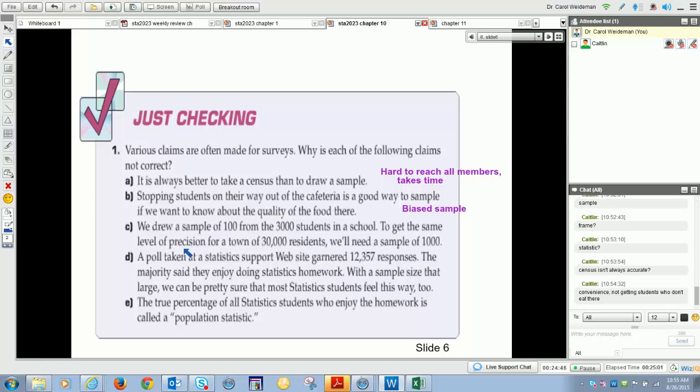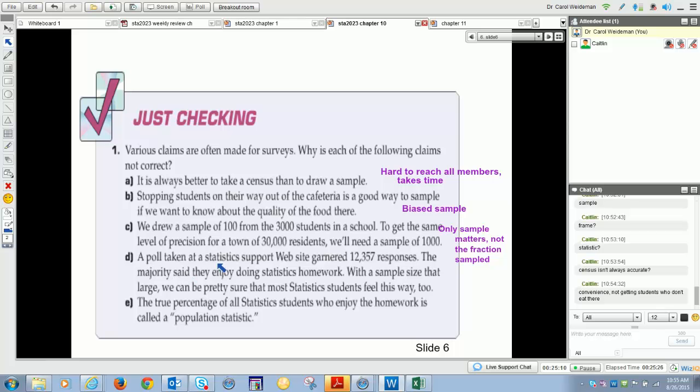And again, in the second half of the course, we'll talk about precision and accuracy when we do inferential statistics. And so this is really not true. It's only the size of the sample itself, not the fraction sampled. So it's possible that 100 people from the town of 30,000 is going to be just as precise as the 100 students from the 3,000.